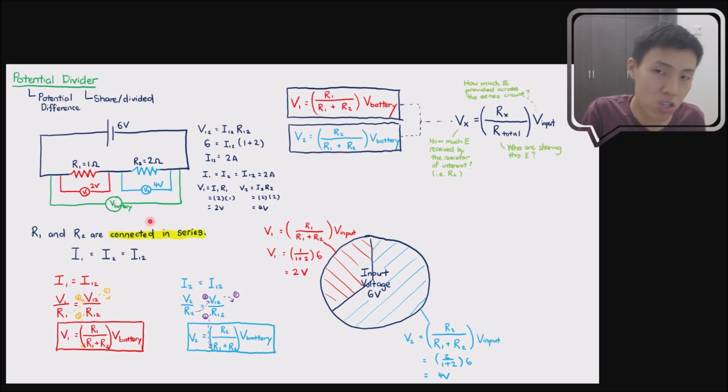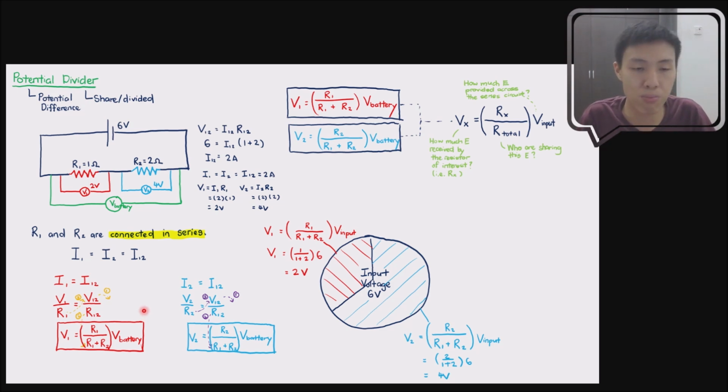But in certain questions, you might see a series parallel combination, and it specifically asks you to use the concept of potential divider. So if there's a series parallel combination, make sure you combine some of the resistors until all of them become a series circuit first. Only then are you able to proceed with using potential divider.